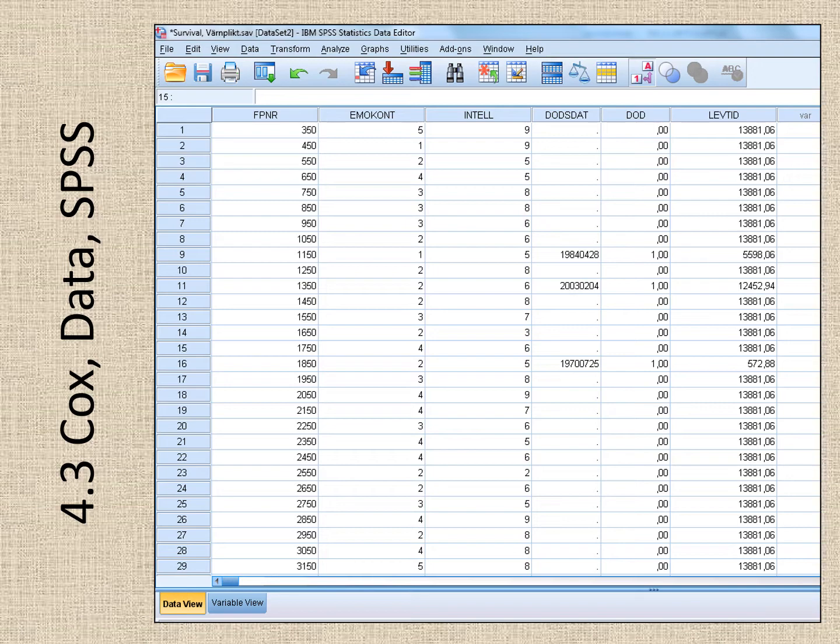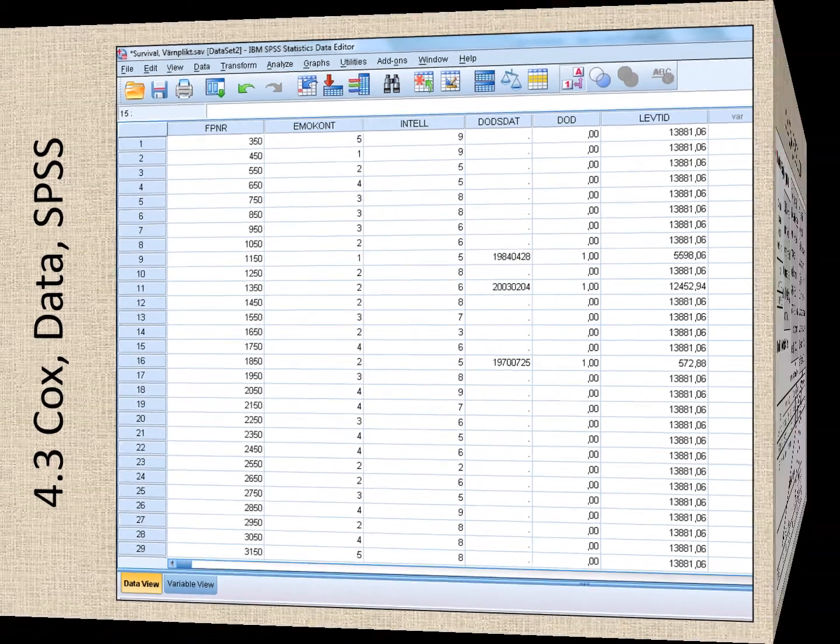Okay, we have a null model without predictors. And we have -2 log likelihood for that model. Now we add a predictor, in this case only one, intelligence. What happens with the model? If you add a predictor, no matter how bad it is, what will happen with the model's -2 log likelihood?